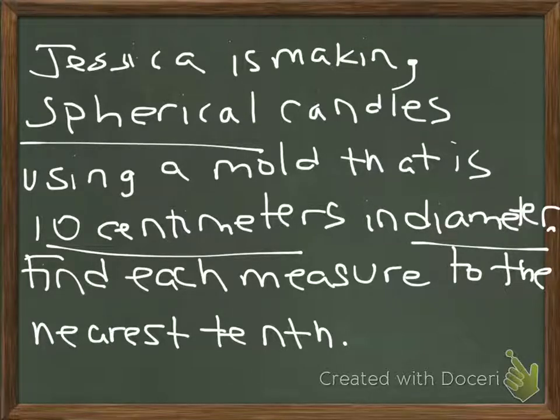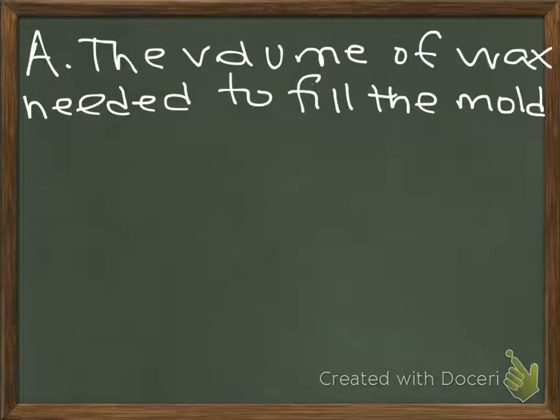And we need to find each measure to the nearest tenth. So we need to find the volume of the wax needed to fill the mold, so that means the volume of a sphere. And if we refer back to our chart, the volume of a sphere is 4/3 pi r cubed.